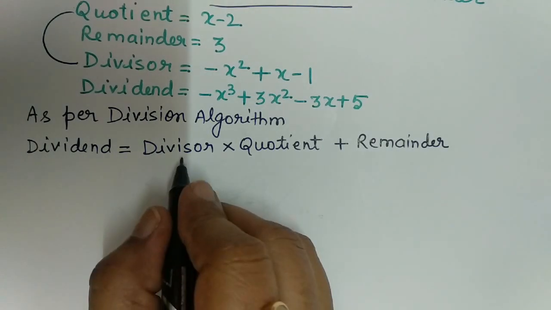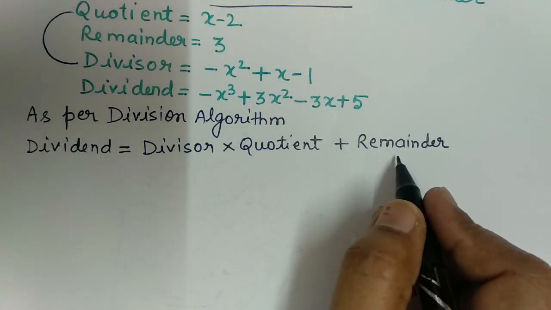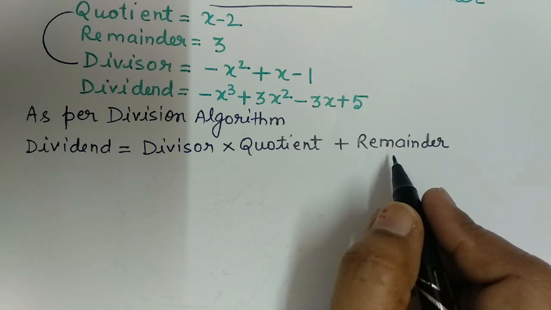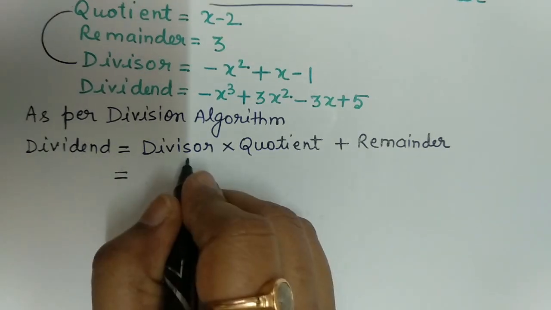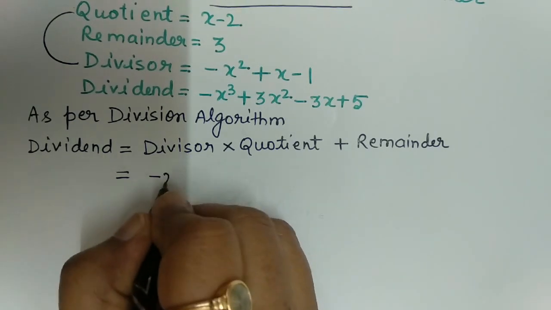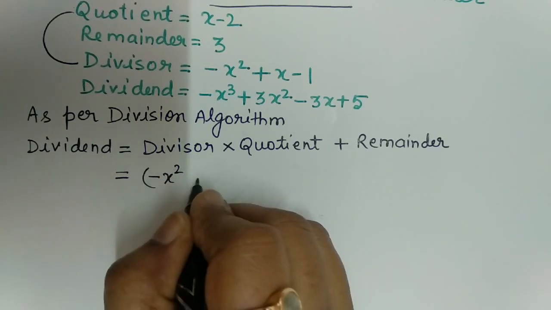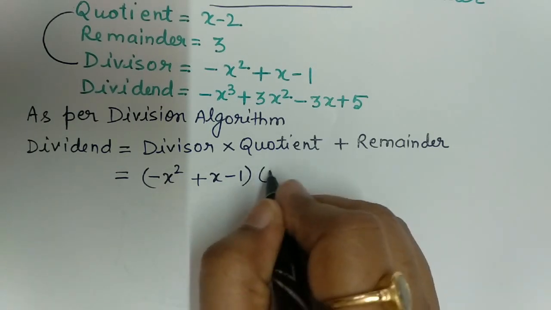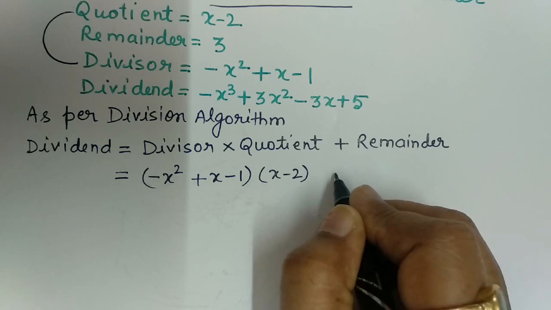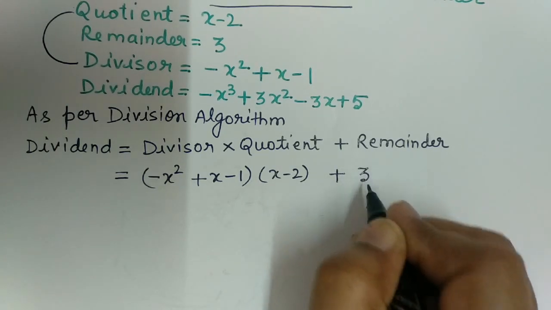So I will multiply divisor and quotient, add the remainder, and check whether that will be equal to the dividend or not. So divisor was minus x square plus x minus 1, quotient was x minus 2, and remainder was plus 3.